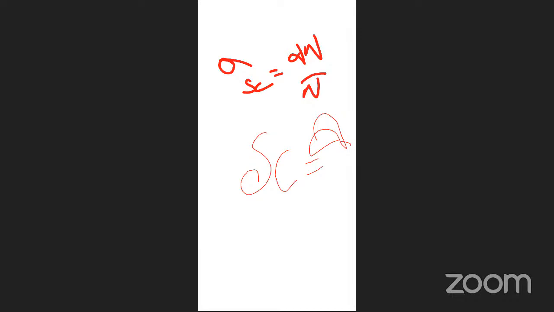So sigma is the scattering probability. What is dN? It is the number of particles scattered within the time. What is N? N is the number of particles per unit area within the time.